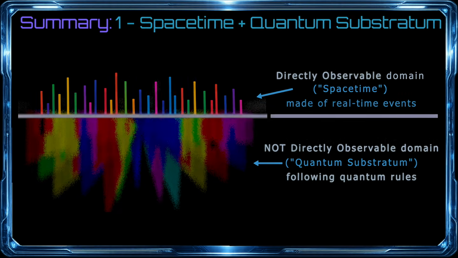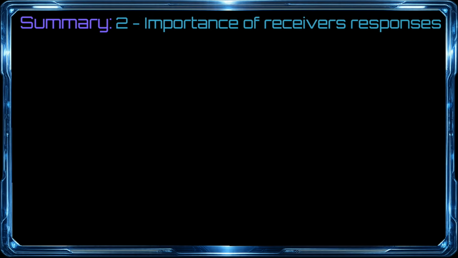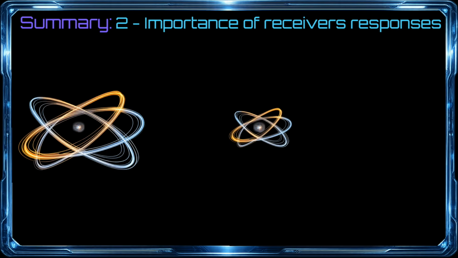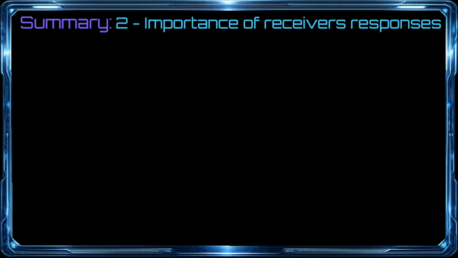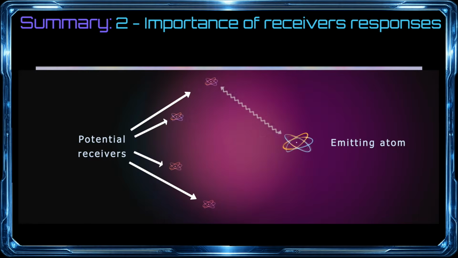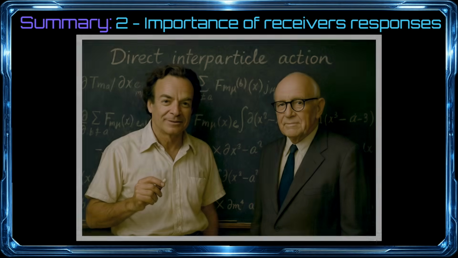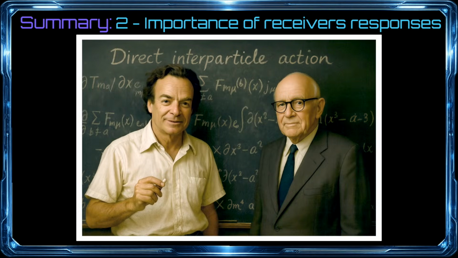But we've also seen the importance of atoms' responses in the interactions. Usually, physicists only focus on the emitting atom to describe how the field, or waves, behave. But as I showed you, the emitting atom initiates interactions with all potential receivers. Actually, this was an idea by legendary physicist Richard Feynman and his brilliant colleague John Wheeler.